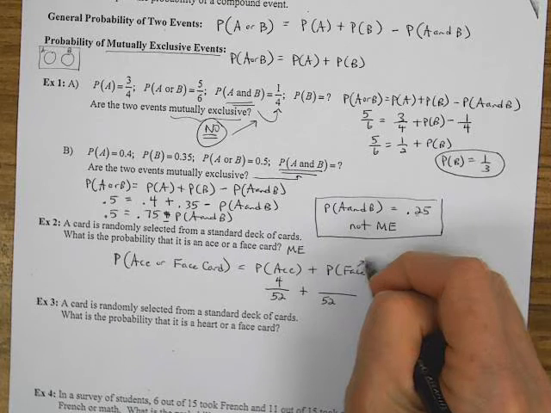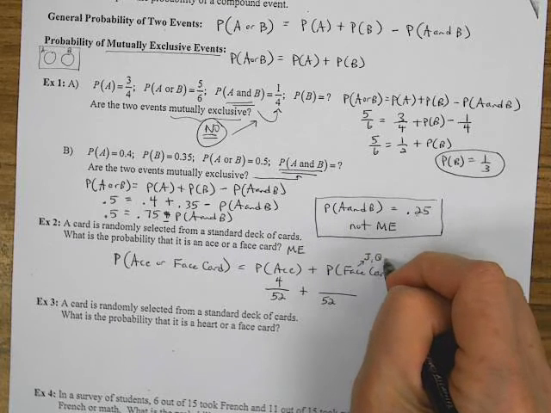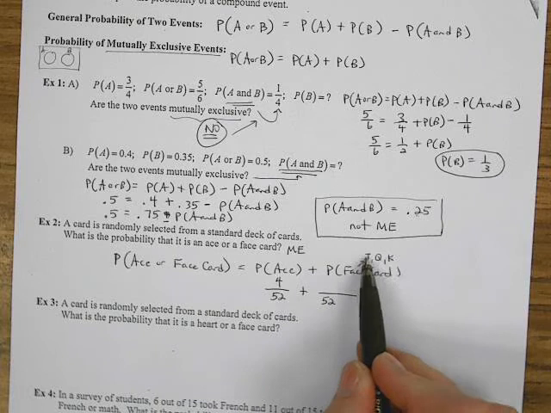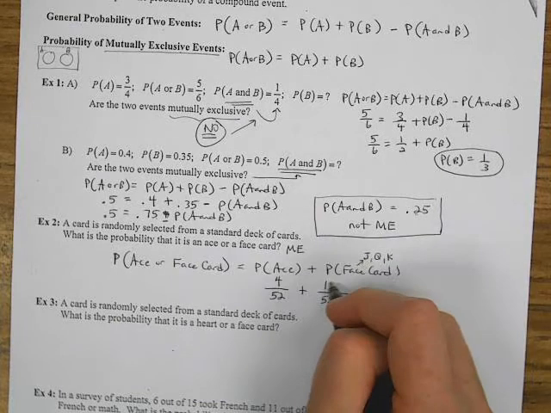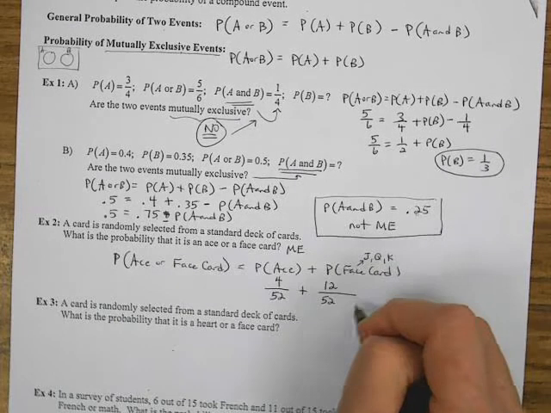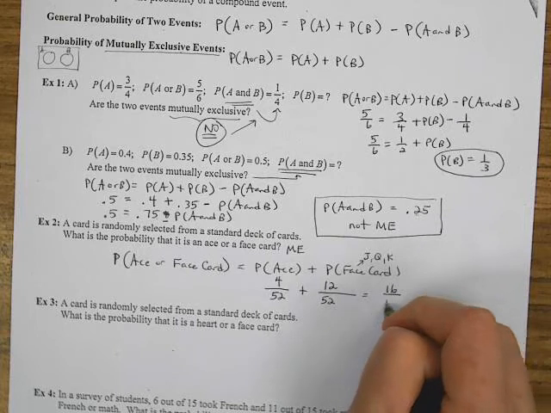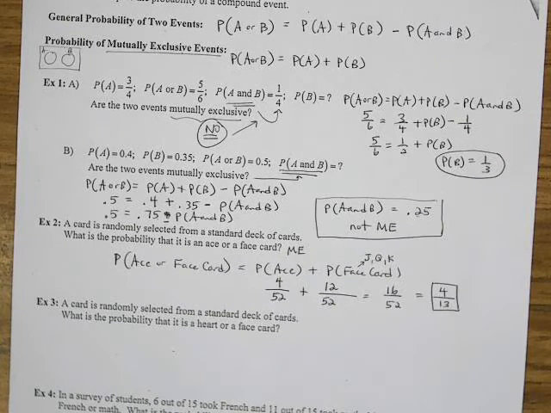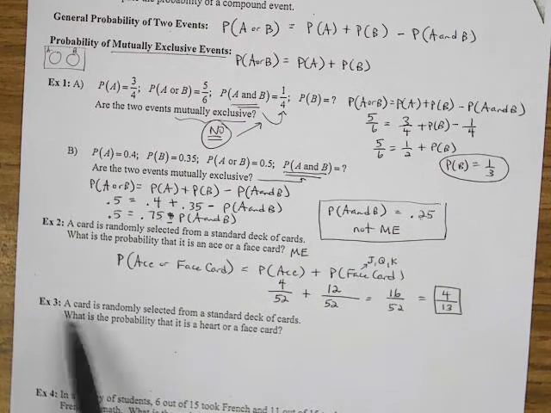Don't forget, face cards are jacks, queens, and kings. But now there aren't just 3, because there would be a jack, queen, and king of clubs, spades, hearts, and diamonds. So that's a total of 12 face cards. So that is 16 out of 52, which reduces to 4 out of 13 would be my probability. All right, so similarly, a card is selected.